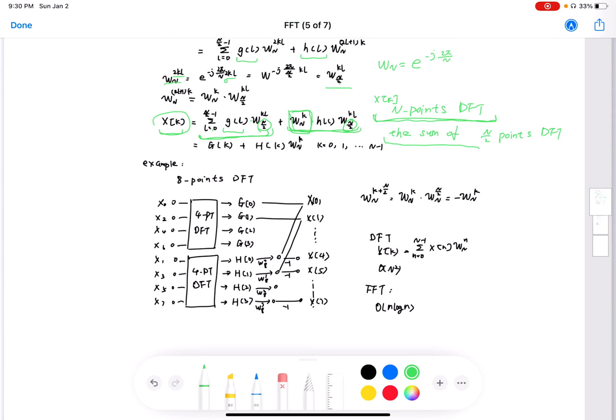We can use a butterfly network to represent this formula. For example, if we want to do an 8-point DFT, we first split the sequence in time domain into even indexed points and odd indexed points, and we do the 4-point DFTs, and we get J0 to J3.